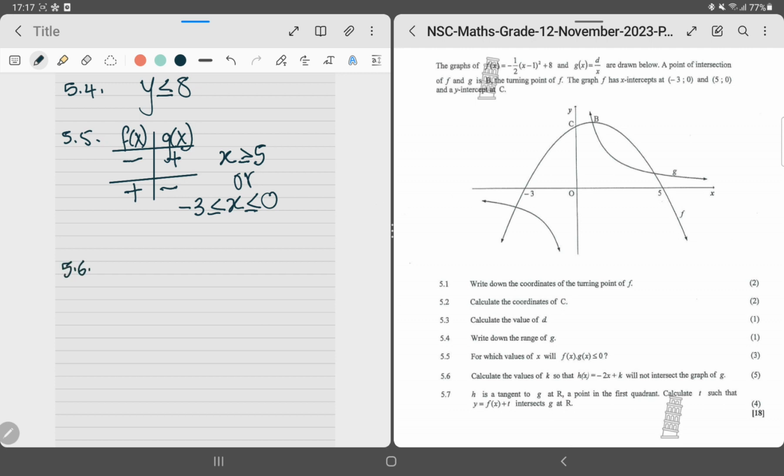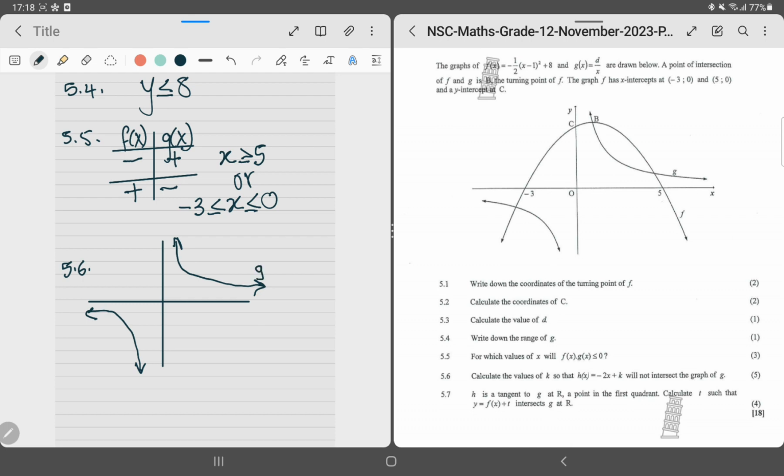5.6. Calculate the values of k so that h of x equal to -2x plus k will not intersect the graph of g. So g is like that.